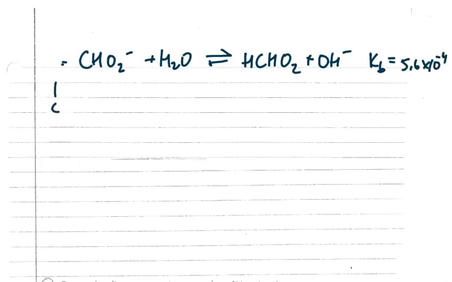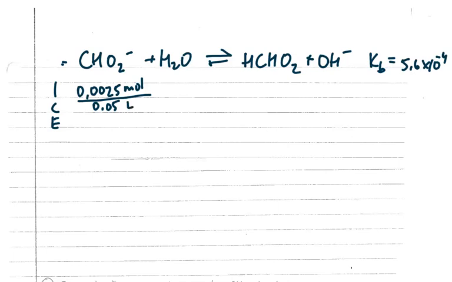So initial, change, equilibrium. We just said that we have 0.0025 moles, but we need concentration, and the total volume at this point, we've added 25 mils of base to our 25 mils of acid, so that's a total of 50 mils or 0.05 liters.